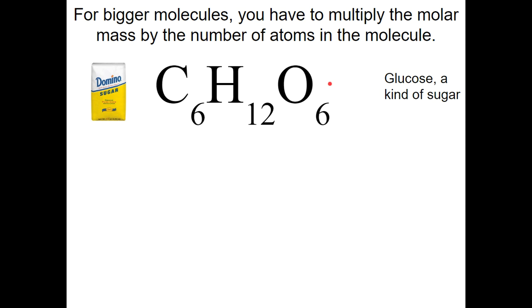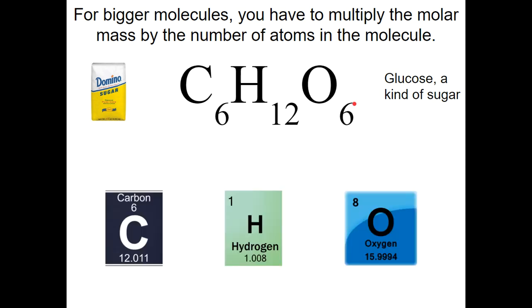So this is the chemical formula for glucose. It's kind of sugar that's in all life on Earth. Okay, so if we're figuring out how much a mole of sugar weighs, this kind of sugar, there's a zillion types of sugar, but this particular one, glucose. So we're going to look up carbon and hydrogen and oxygen in your periodic table because you got to know how much one molecule or one atom of carbon weighs so that you can figure out how many in this.